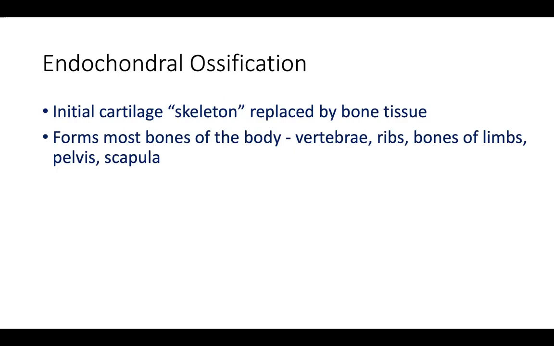Intramembranous ossification technically is connective tissue becoming bone tissue. Here, cartilage doesn't become bone tissue, it's just replaced by it. I know that's a really minor difference, but from a developmental standpoint, that's the difference. It's either replaced by or turns into. Connective tissue turns into bone tissue, which is intramembranous, or it's replaced by bone tissue, which is endochondral.